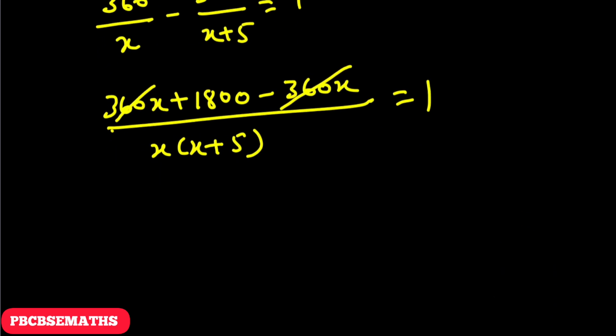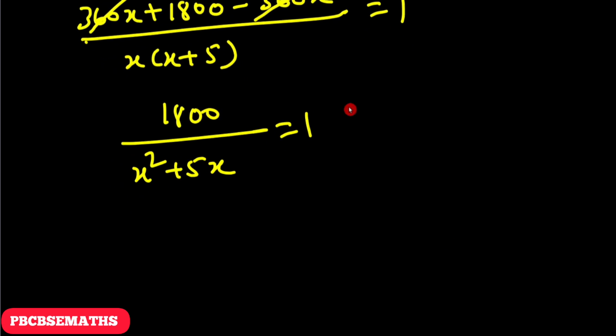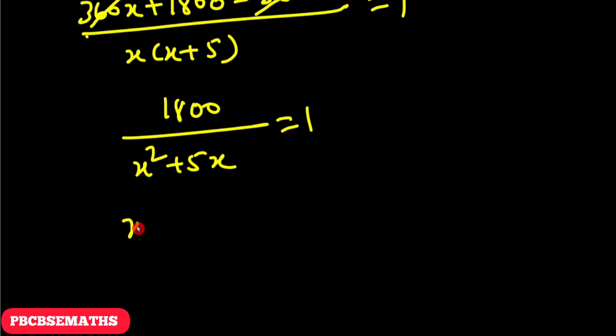Then what we have in the numerator is 1800 divided by x into x plus 5. We are going to have x squared plus 5x equals 1800. Now by shifting this part to the other side of the equal, we have x squared plus 5x minus 1800 equals 0.